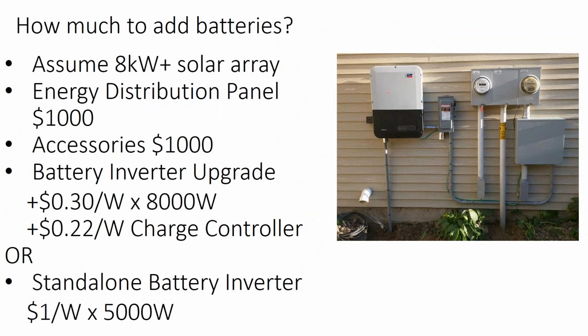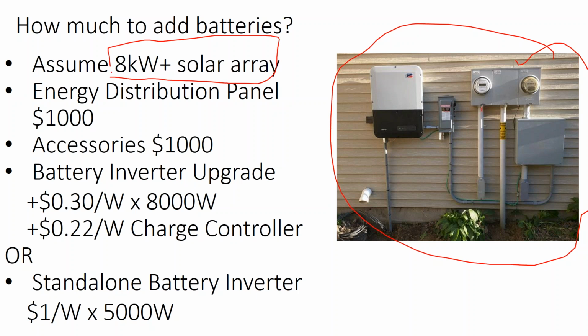How much will it cost if we wanted to take this setup and add batteries to it? So you're designing a solar array for a customer and you want to pitch them batteries as an add-on. We're doing an 8 kilowatt solar array, but then we have to go and buy a DC distribution panel for the charge controllers plus accessories.